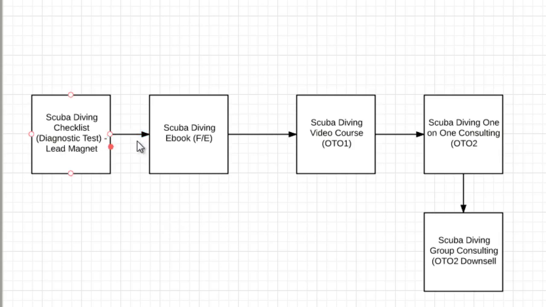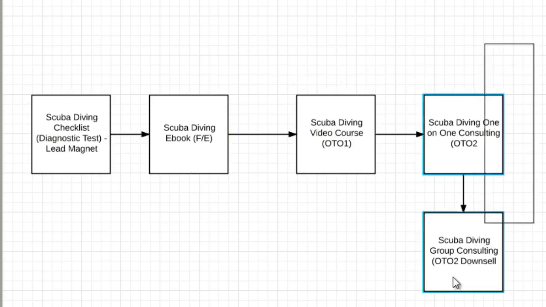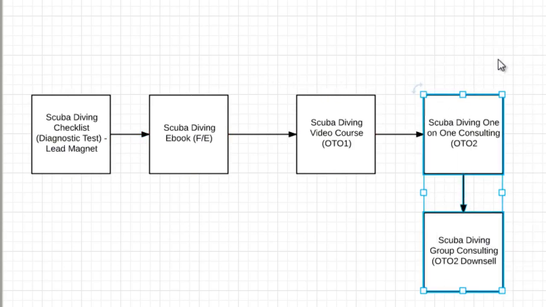So that can be it for a service-based business. Essentially somebody wants you to take them by the hand and walk them through the process. Another service-based business could be done for you. I mean, essentially everything that is service-based business is done for you. You're doing it for them.